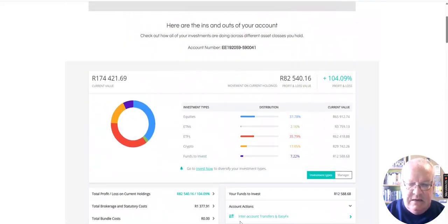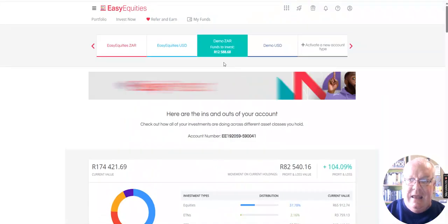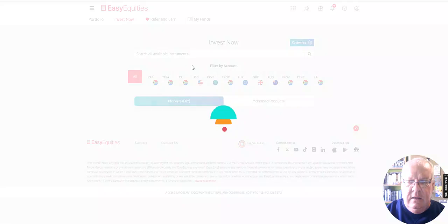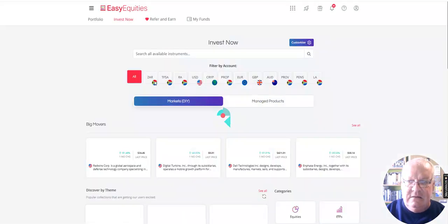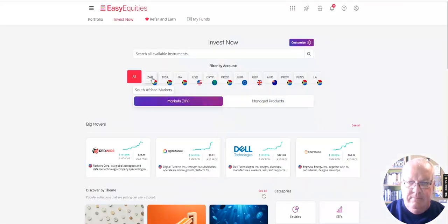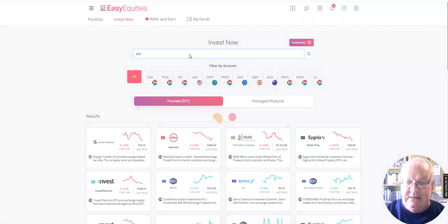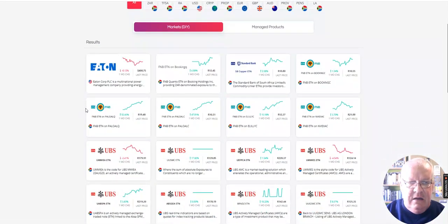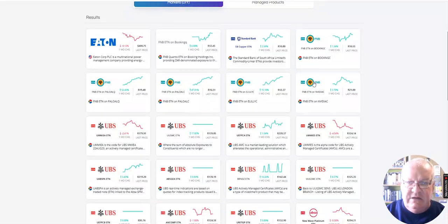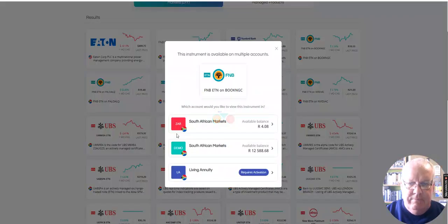The other way to do it is an ETN, and I'm going to invest now. Let's see if we can look for the ETNs, and I'm going to look at the ZAR. ETNs, exchange traded notes, are a bit hidden away, but if you look at the FNB ones, for example, then you see, I think is that booking.com?